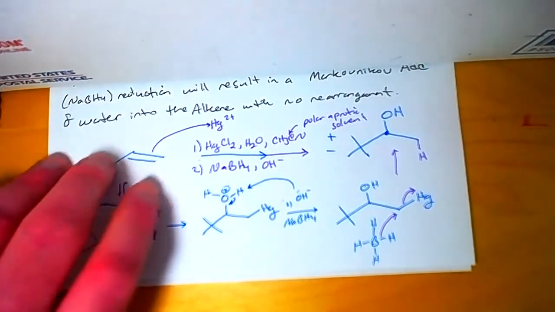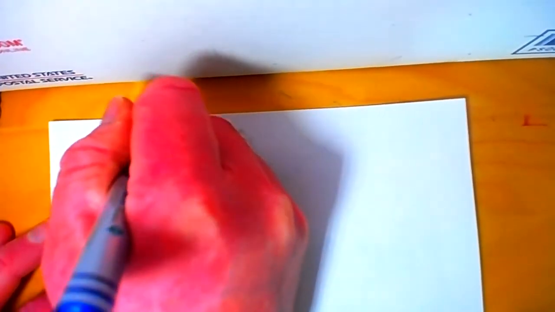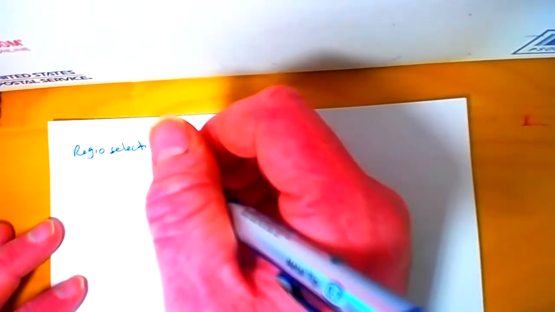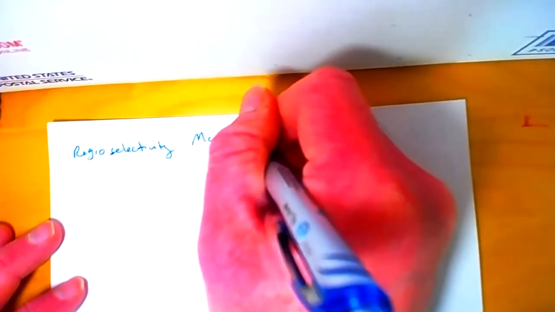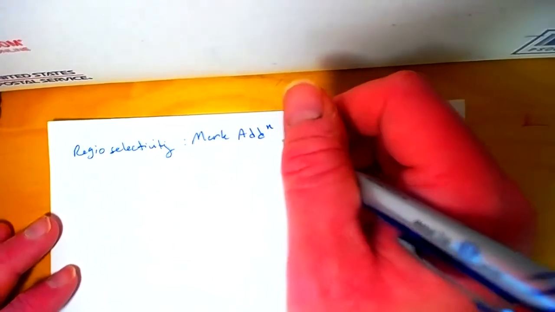Now, the net result of this is our regiochemistry, or regioselectivity, for oxymercuration-demercuration: you have a Markovnikov addition of water with no rearrangements.